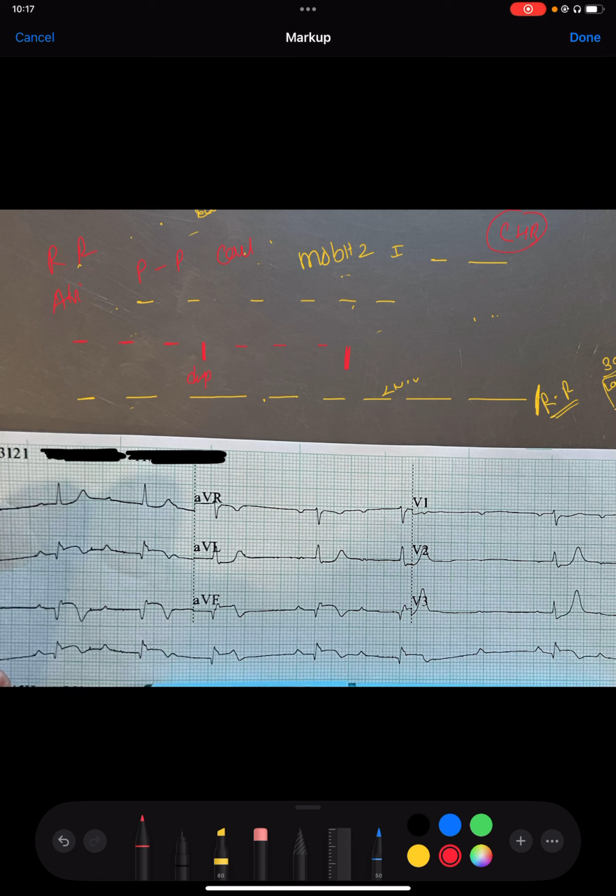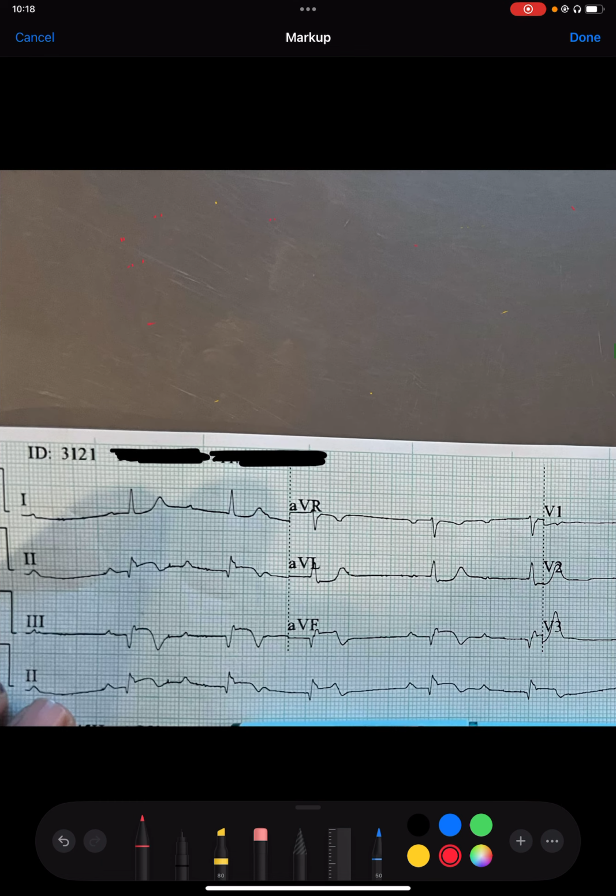The relation is commonly persistent in Mobitz 1 and Mobitz 2, but in complete heart block this relation is completely gone. We call it AV dissociation, meaning that P keeps on coming at the same timing, and R keeps on continuing at the same interval.